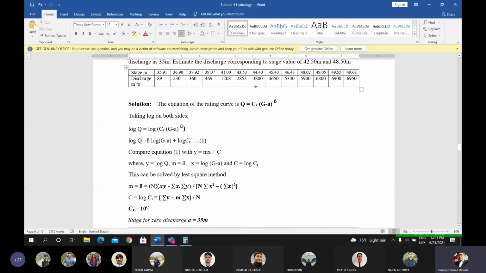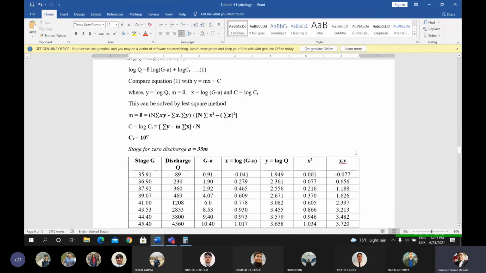If you know the water depth, then discharge can be calculated by using this rating curve.